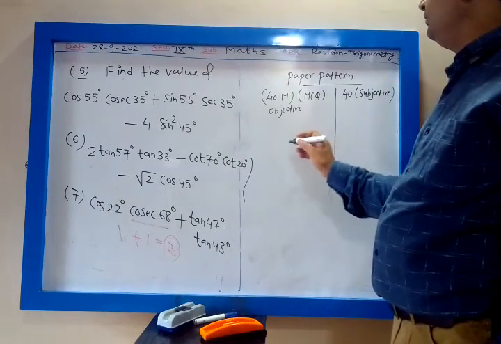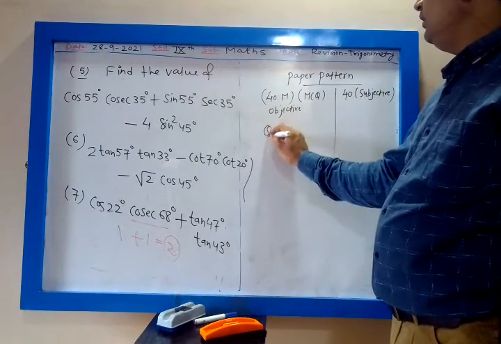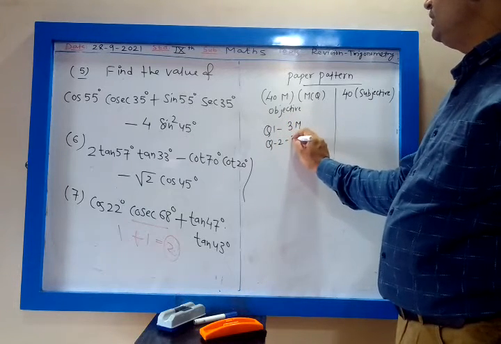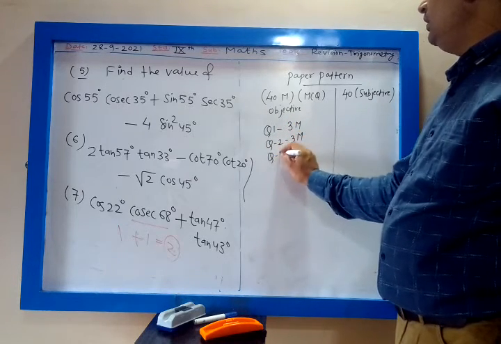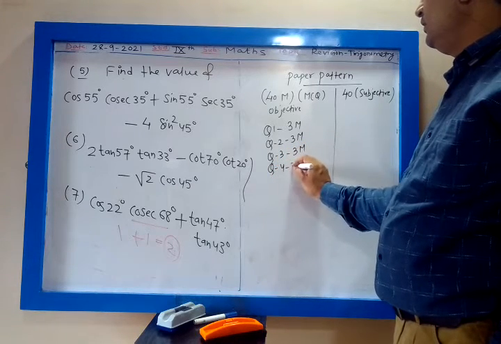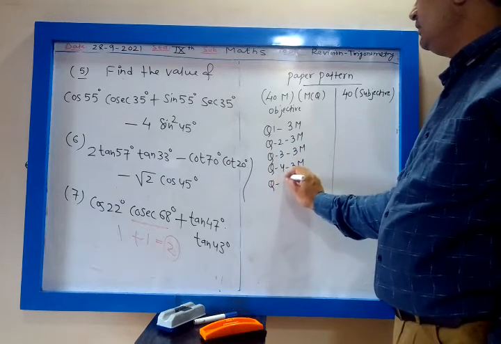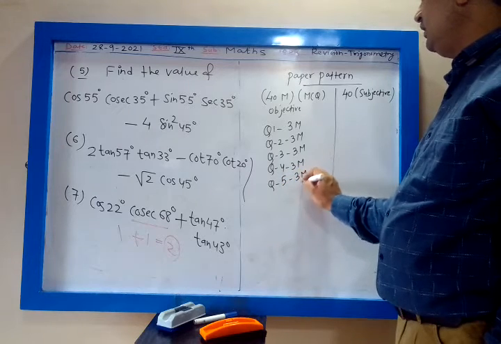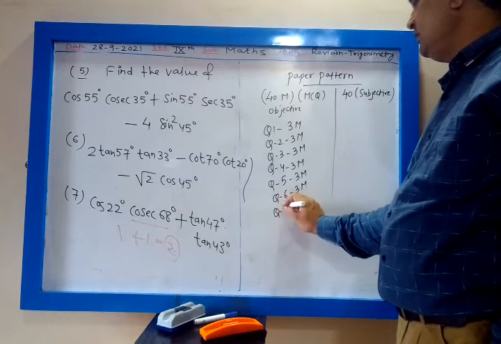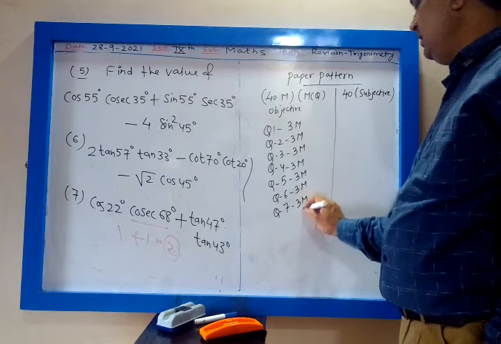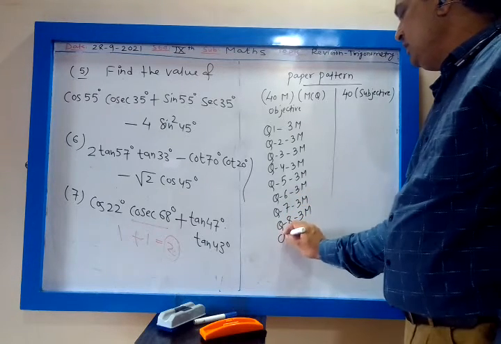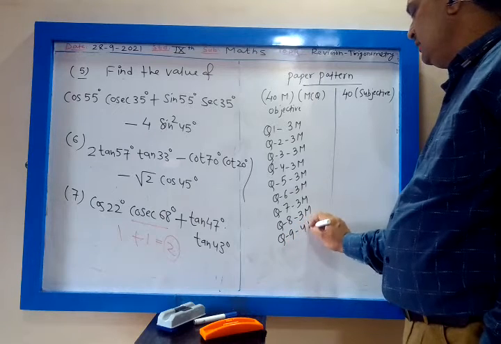What is that pattern? Question 1, 3 marks. Question 2, 3 marks. Question 3, 3 marks. Question 4, 3 marks. Question 5, 3 marks. Question 6, 3 marks. Question 7, 3 marks. Question 8, 3 marks. Question 9, 4 marks.